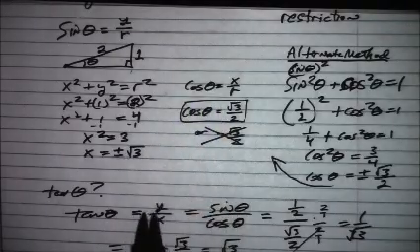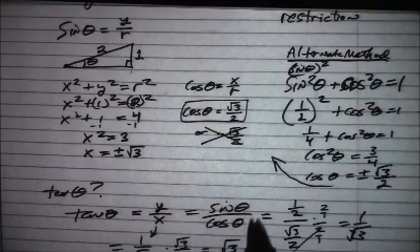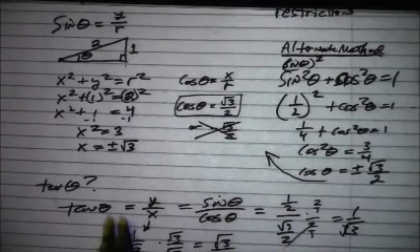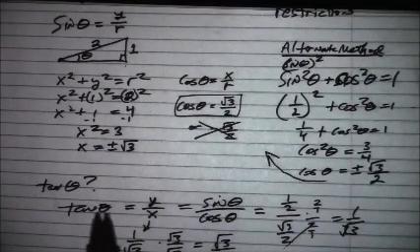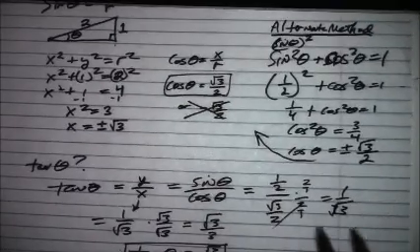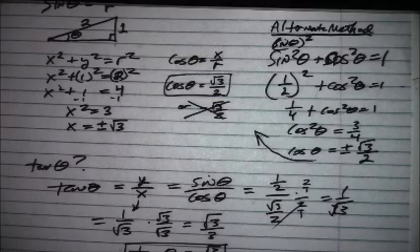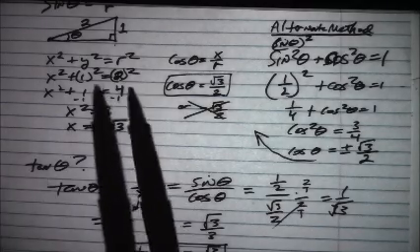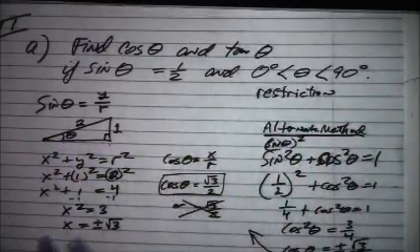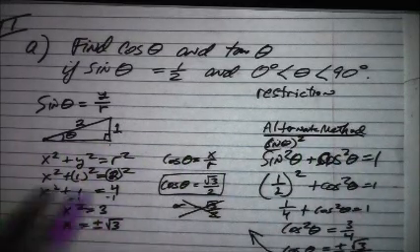And at that point, you can use the quotient identity or the simple y over x definition of tangent in order to get the tangent. So there are numerous different things you can use to solve these. Your job is to be ready for them and then recognize what to use, or play with different ones until you get something that works.